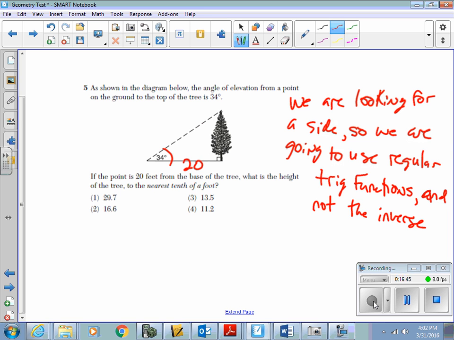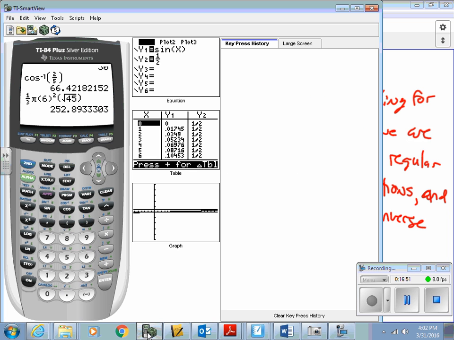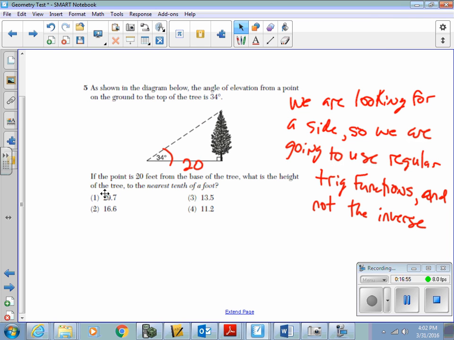Remember, if you're looking for an angle, that's when you have to go to the calculator and do second sine and things like that. I'm kind of getting ahead of myself. Let's go do the problem.